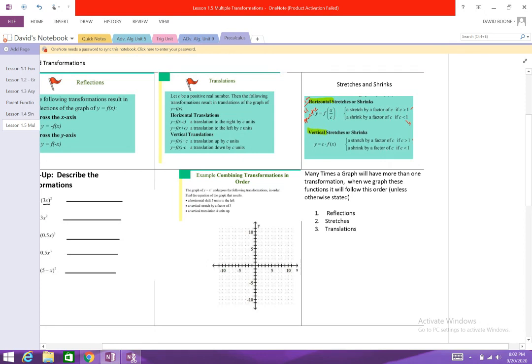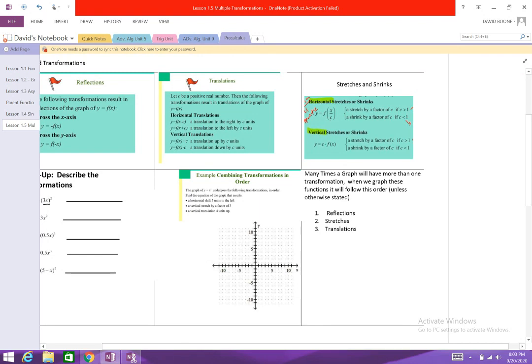Inside the parentheses, by the x, means it's affecting the x direction, so it's affecting it left, right. I always like to think about when we're dividing, that's when we have a c value greater than 1, so it'd be a fraction. This piece, that's a stretch.